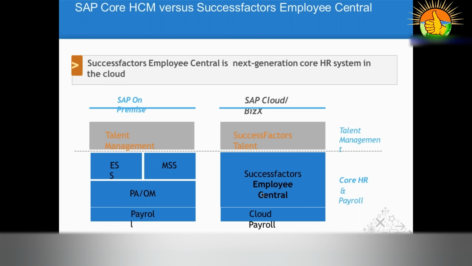So that is a core HCM module, which is a combination of all those four modules that we had in on-premise. The payroll of on-premise is cloud payroll here, and the talent management of on-premise is the cloud SuccessFactors talent here. So that is a comparison between SAP core HCM and the cloud SuccessFactors. Okay.